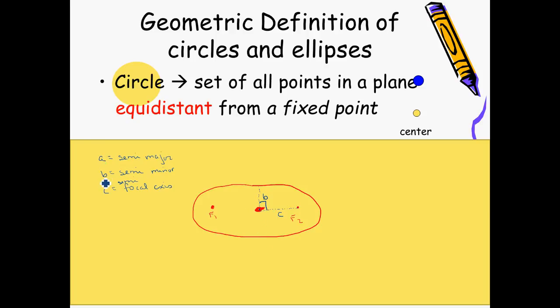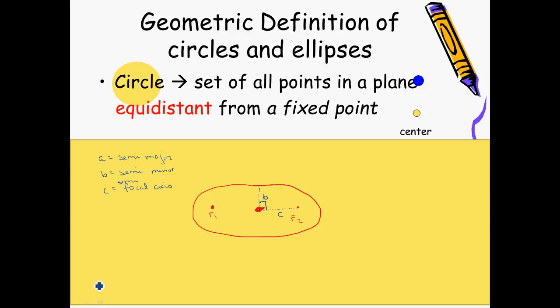Now, between A, B, and C, who's bigger? If B is the semi-minor axis, and C is the semifocal axis, I'm not sure. Now, by my drawing, C is bigger, but it doesn't have to be.